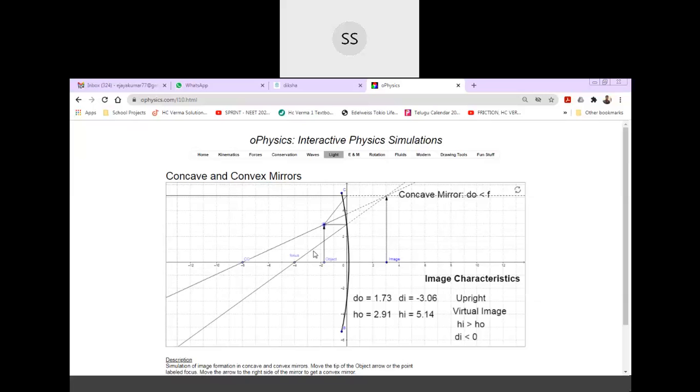And sir, one more thing I was asking: there are three rules for the light rays, like if a ray passes through the focus, then it will become parallel. Is there any rule if it passes between the focus and the center of curvature, or between the focus and pole? Then you have to use the law of reflection, where angle of incidence is equal to angle of reflection. Those rays are called oblique rays.